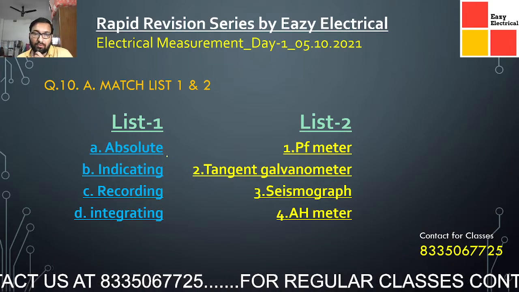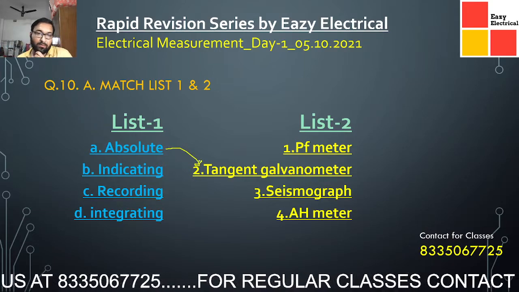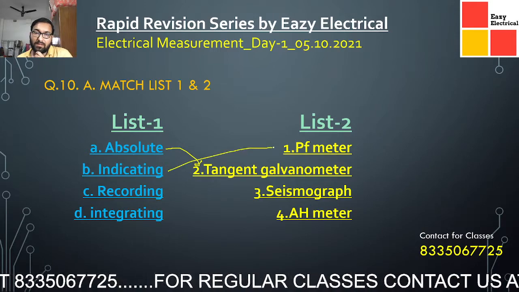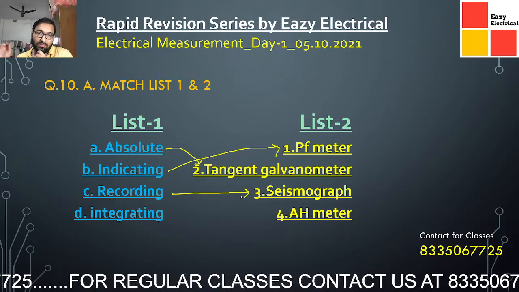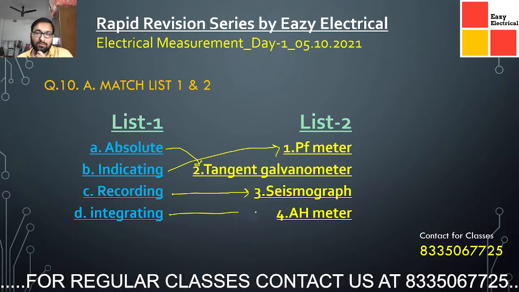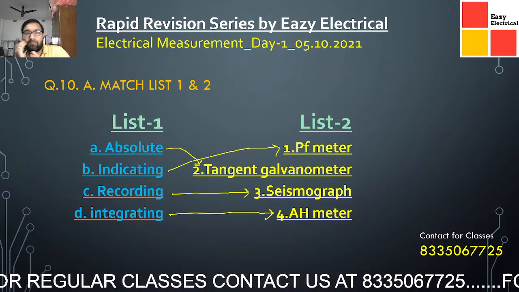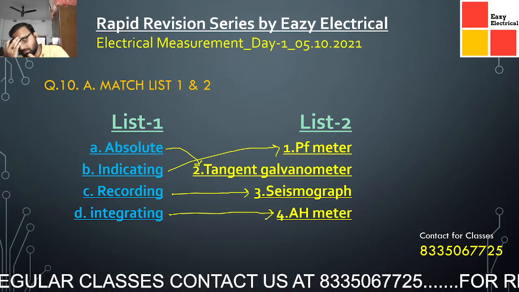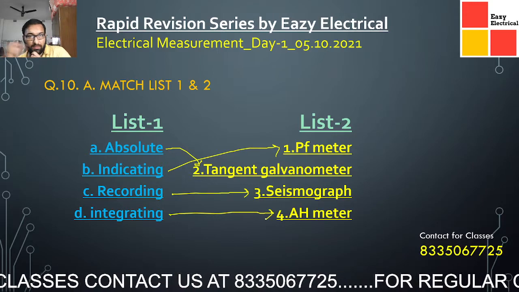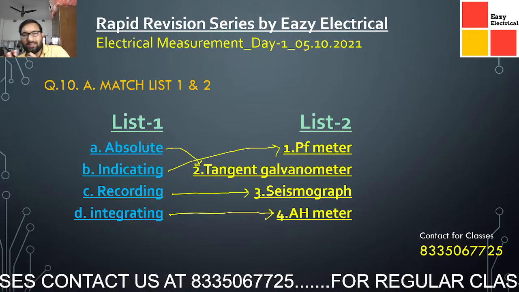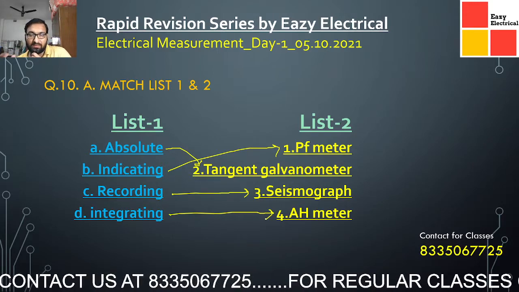An example is the tangent type galvanometer. An indicating instrument is a power factor meter, as we see the indication from it. A recording instrument is a seismograph, from which variations are observed, and an integrating instrument is the ampere hour meter, that is, the energy meter, the common energy meter that we use in our homes. Certain kinds of questions like these may be asked in SSC JEE.